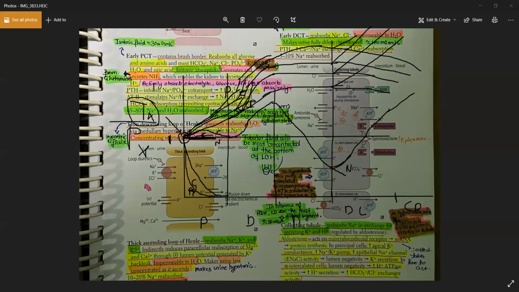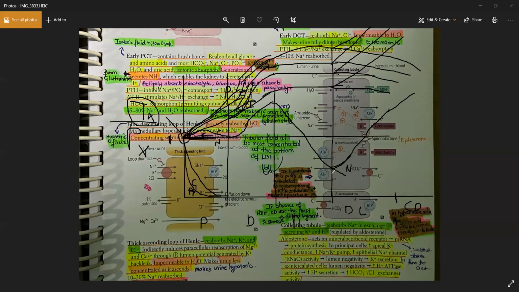It will always be equal to 1 because all of the substances get freely filtered, in accordance with their concentration gradient. As the fluid passes through the PCT, it always remains isotonic, then becomes hypertonic, then becomes hypotonic. Depending upon the water status, the fluid can become more hypotonic.